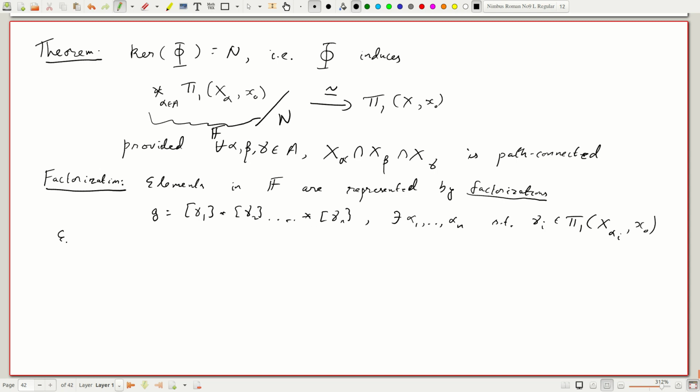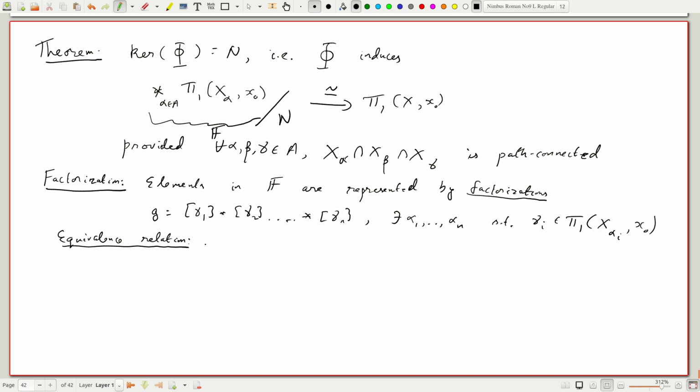Okay, so on these we have an equivalence relation, and this is just the equivalence relation by which we explicitly constructed the free group, except we don't really need everything. So the equivalence relation says the following.